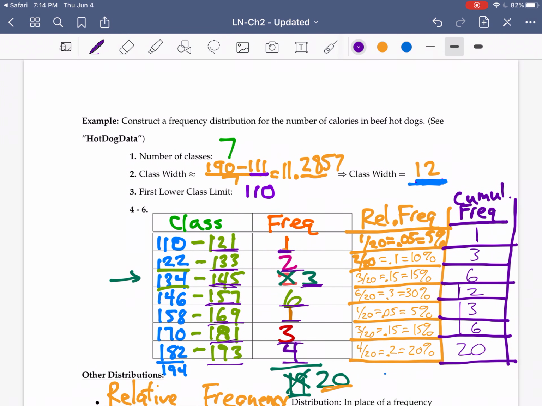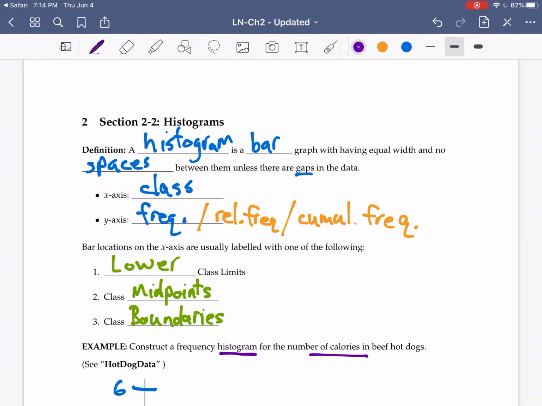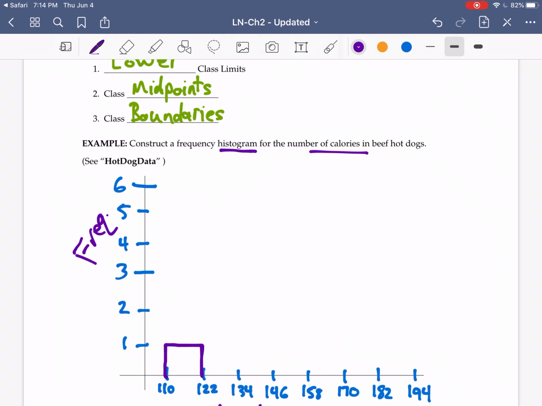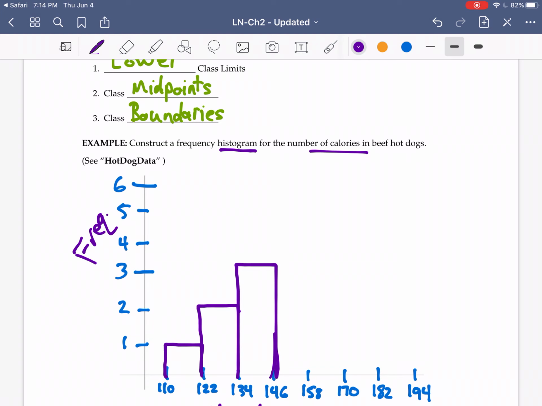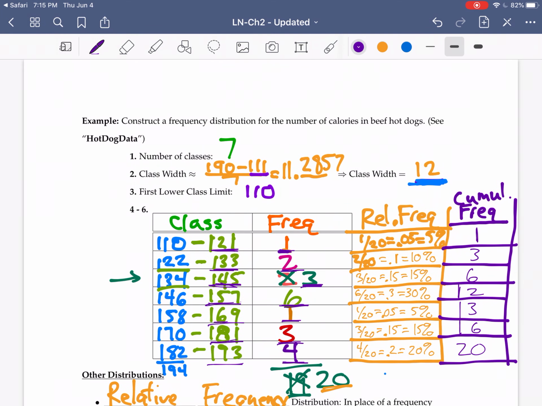From 122 to 133, we had a frequency of 2. And so we're going to create a bar with a height of 2. Our next one had a frequency of 3. We'll go back and look at that. I just happened to observe it when we flip back. Right, so our next one had a height of 3 right there. So there's our height for the third class.